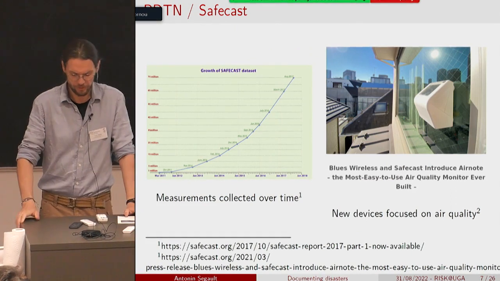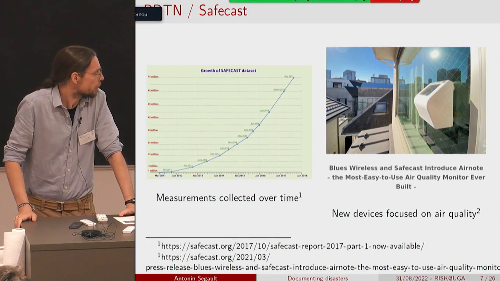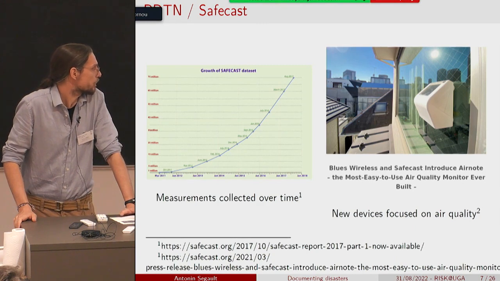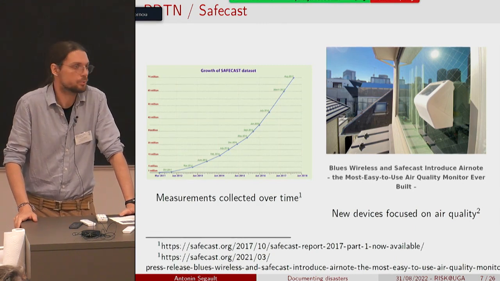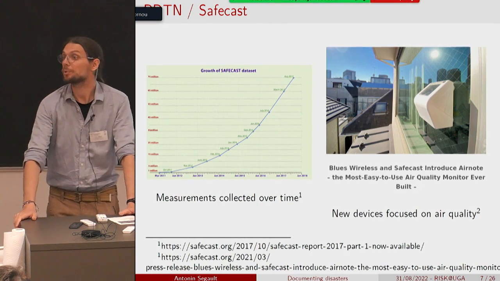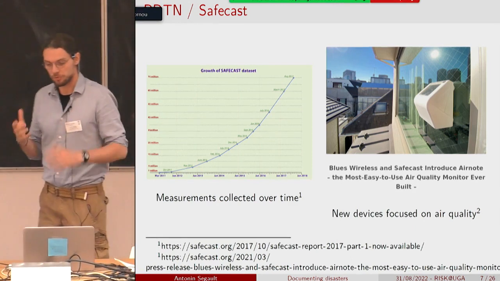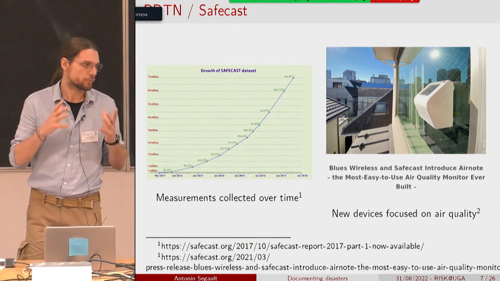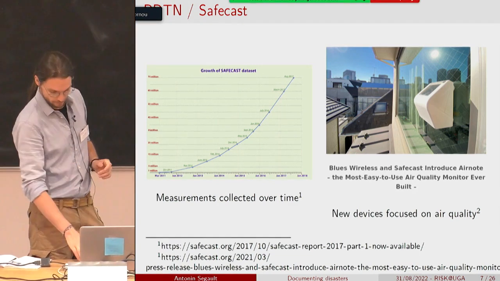And an interesting point is that since they saw that it was quite well working and it was interesting people, they're starting also to monitor other things. They have developed tools to measure air pollution and particles in the air, meaning that this project may live on, even if the focus on radioactive substances is a bit lower right now.